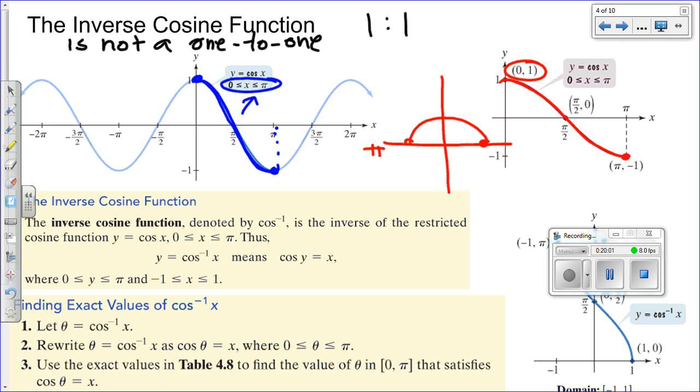Yes. So now we're going to be working with quadrants 1 and 2. In quadrant 1, is the cosine positive or negative? Positive, because the x's are positive. And in quadrant 2, the cosine is negative. All right, awesome. So here we have the notation for it, and again, we read it inverse cosine function.